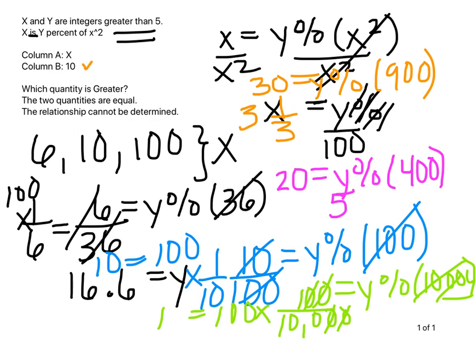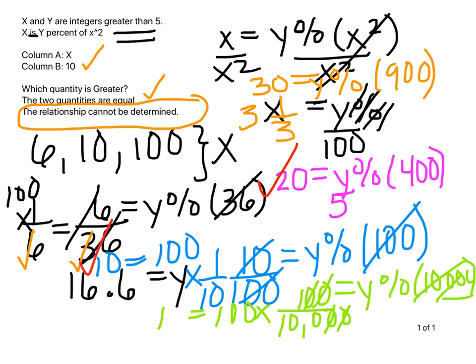Either B is correct, where column B is greater, so 10 is greater than x, and that we saw when x was equal to 6. But it also worked when x was equal to 10, and therefore the relationship cannot be determined. So you, in fact, don't even really need to check the numbers that are greater because you already have two parameters that work.